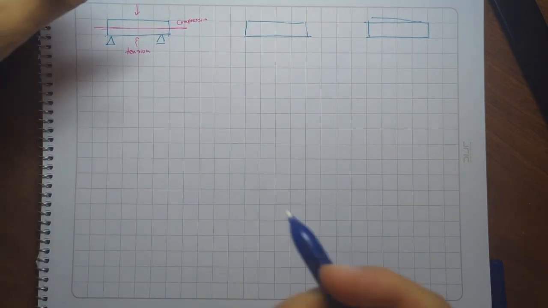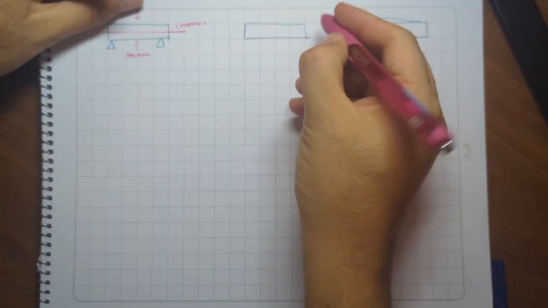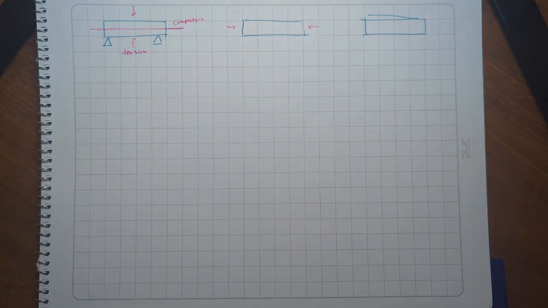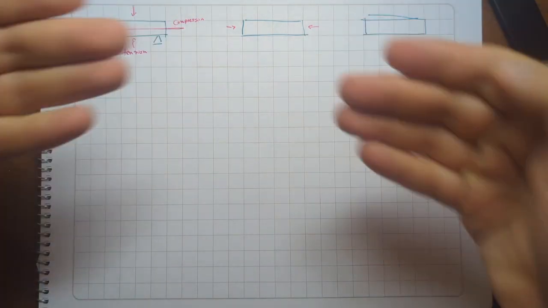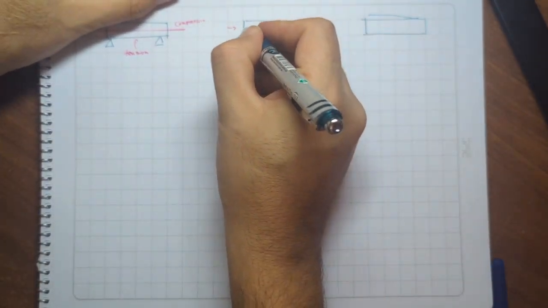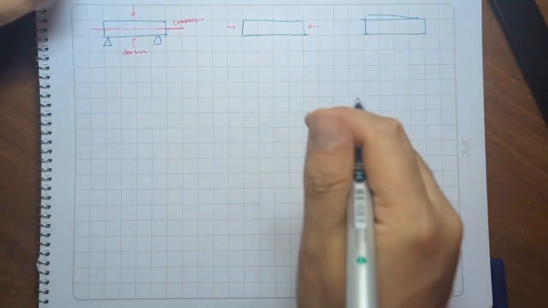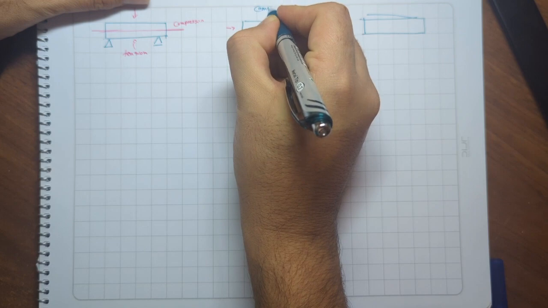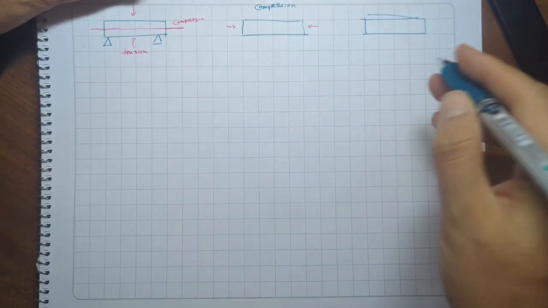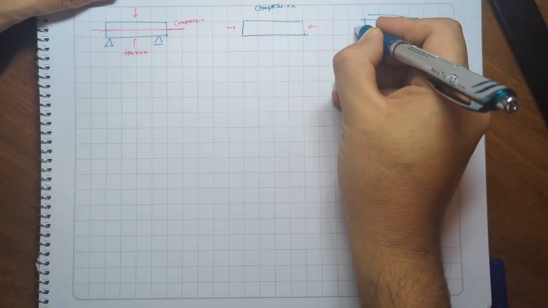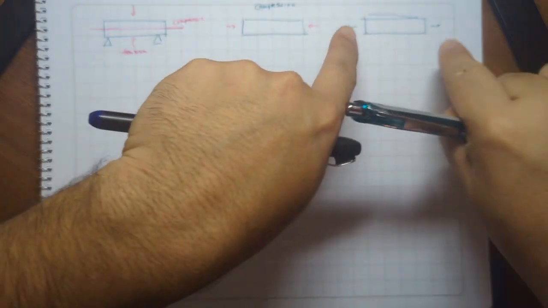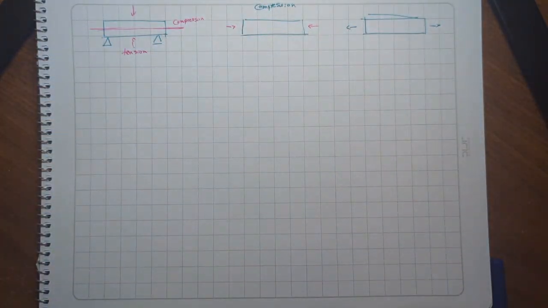For example, if there are two forces applied to this bar from these two sides along the axis, this bar is going to be compressed, right? So this bar is going to be in compression. And if the forces are still applied along the axis, but they elongate the bar, this bar is going to be in tension.